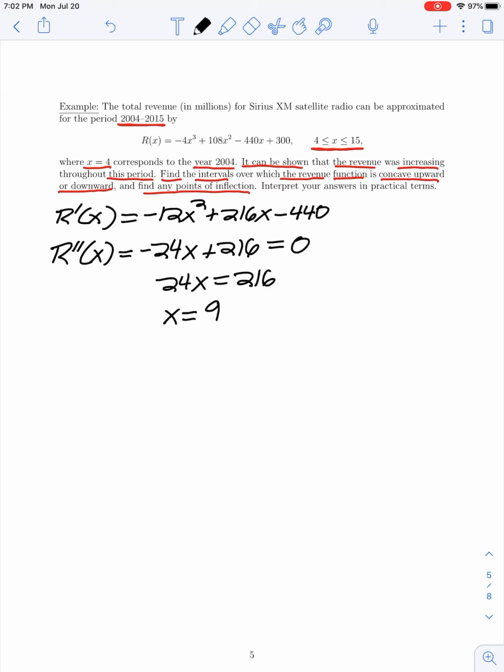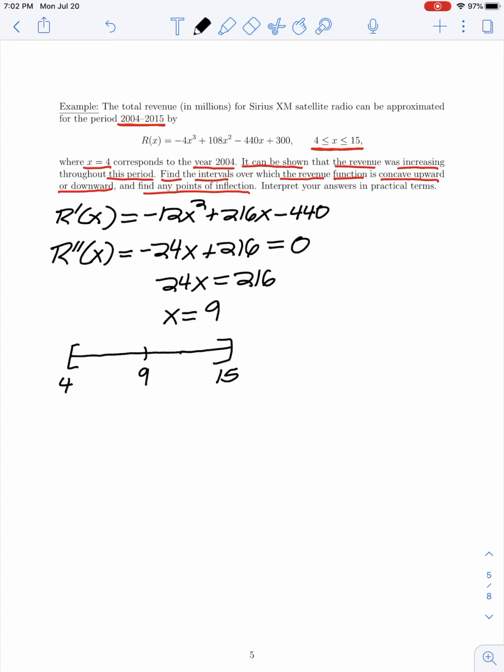So thinking about the domain of our function, in this case we had a restricted domain. X could only range from 4 to 15. So we have 9 within that domain. And we need to determine the sign of that second derivative on these two subintervals, to the left of 9 and to the right of 9.